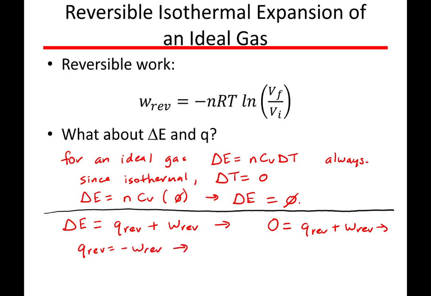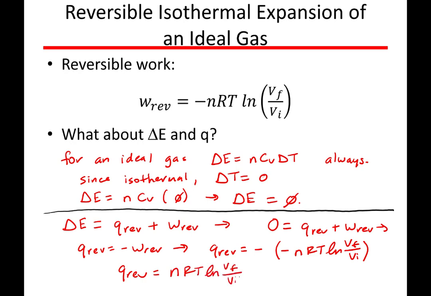The heat and the work have to be equal and opposite to one another in this transformation, right? It has to be that way in order to get no change in the internal energy. So Q rev would be negative work reversible, which is negative of negative nRT ln of V final over V initial. The two negative signs wipe one another out, giving you the following expression for Q reversible: Q reversible is positive nRT times the ln of V final over V initial.